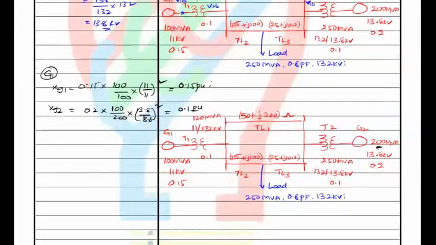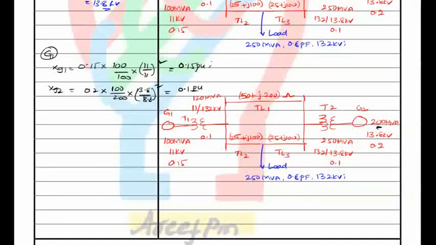So similarly we will go for the transformers. For transformer 1, XT primary is equal to the actual per unit value, 0.1, into MVA new value, which is 100, divided by MVA old, which is 120, into KVB old value.